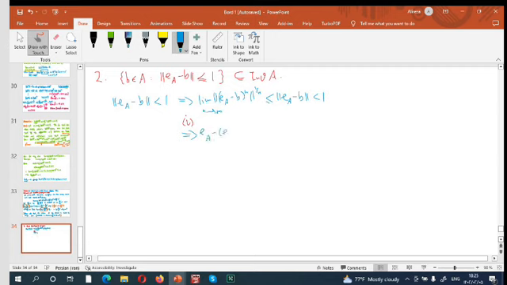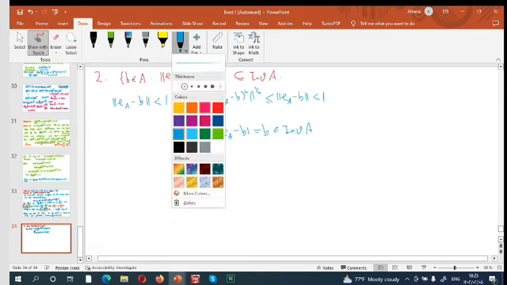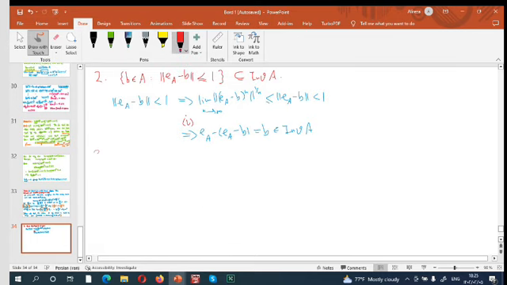EA minus B must be invertible. And this proves this statement. 3. This set is an open subset of A.